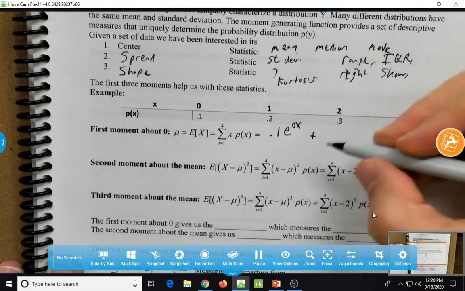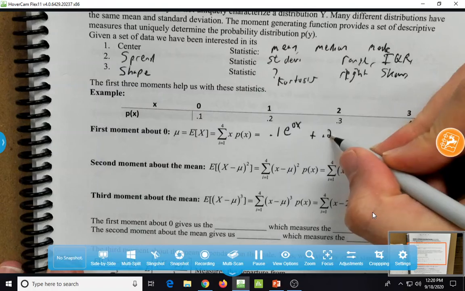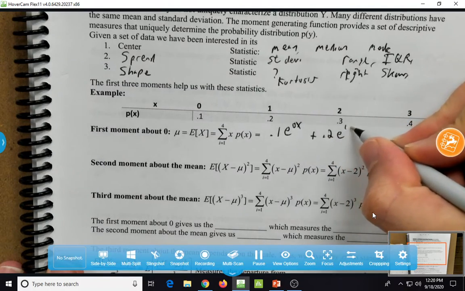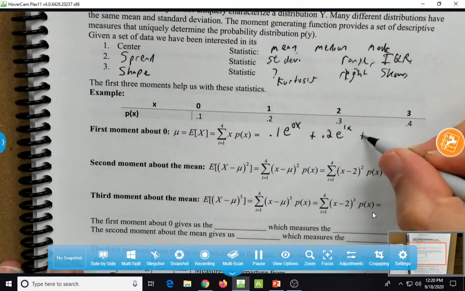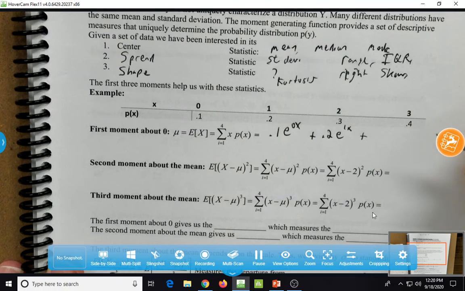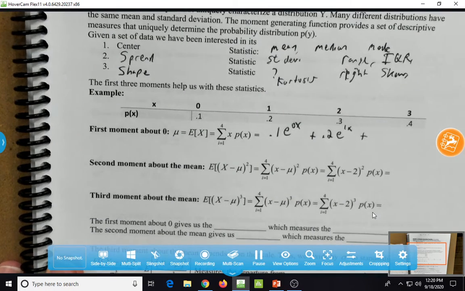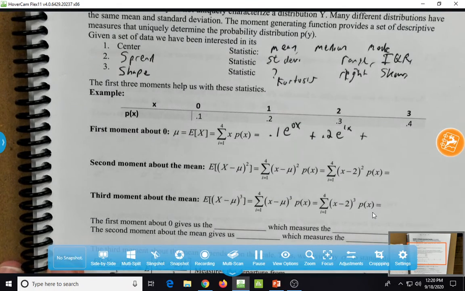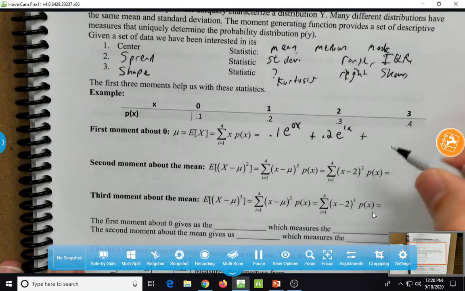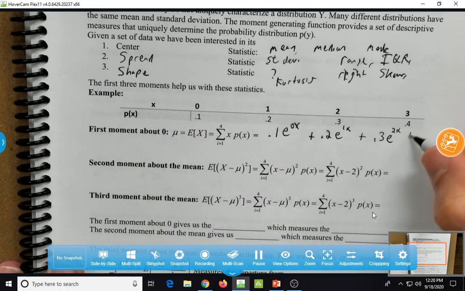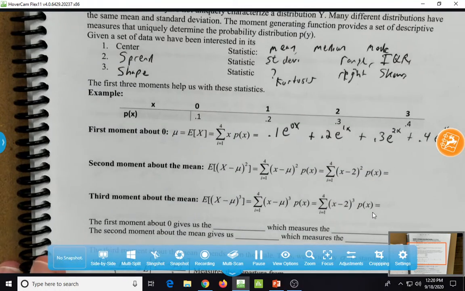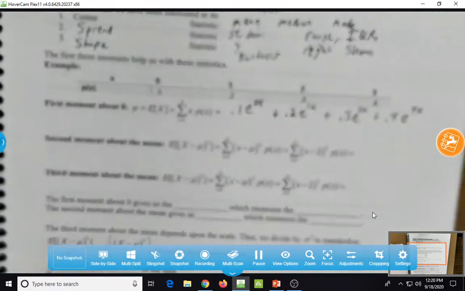And then for 1, I'm going to assign 0.2 e to the 1x. And what will I assign 2 to? 0.3 e to the 2x, plus 0.4 e to the 4x. Which is kind of curious, but not so much.